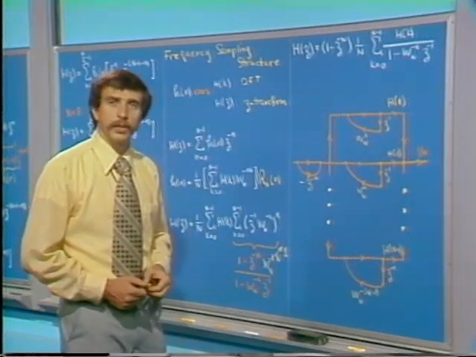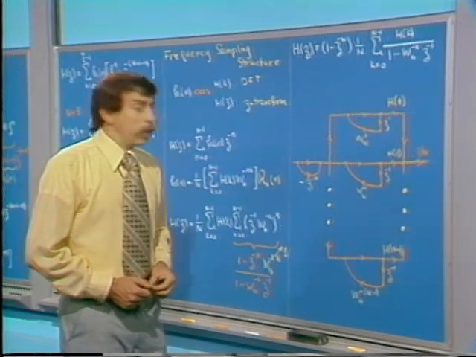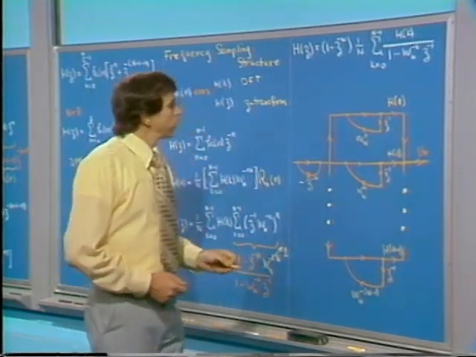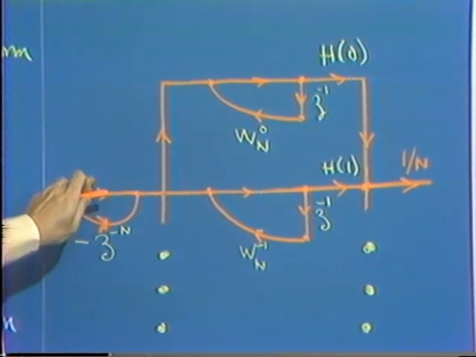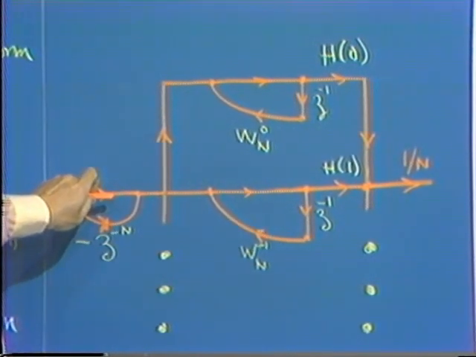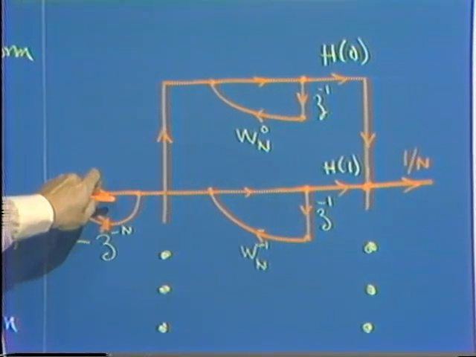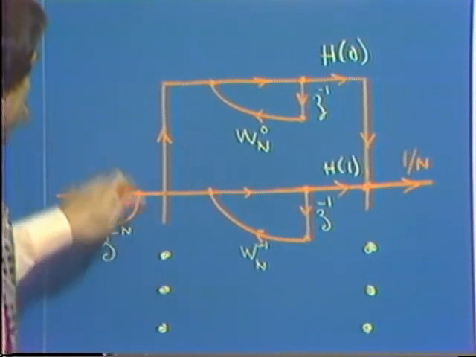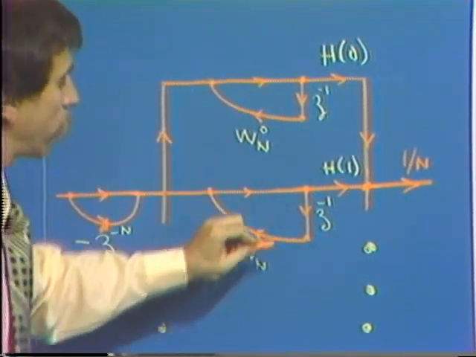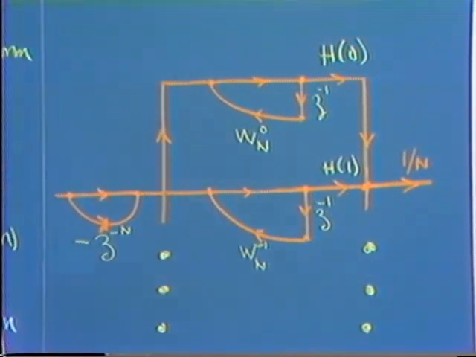Well, how can that be? Very simply, because if you look at this term, it has capital N zeros equally distributed around the unit circle in angle, and in fact, a zero is occurring exactly at the location where each of these poles occur.